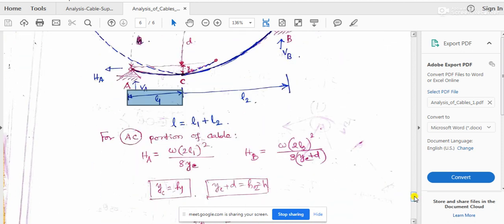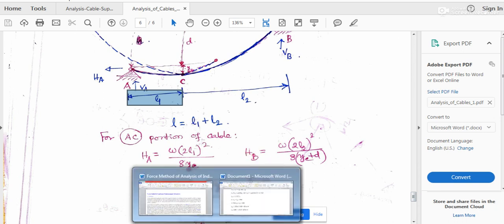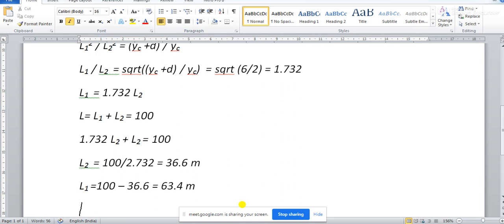You'll have to write H equal to... how much will be the value of H? Can anyone tell me? H equal to W into 2L squared by 8YC. So W into 2L1 squared by 8YC, right?